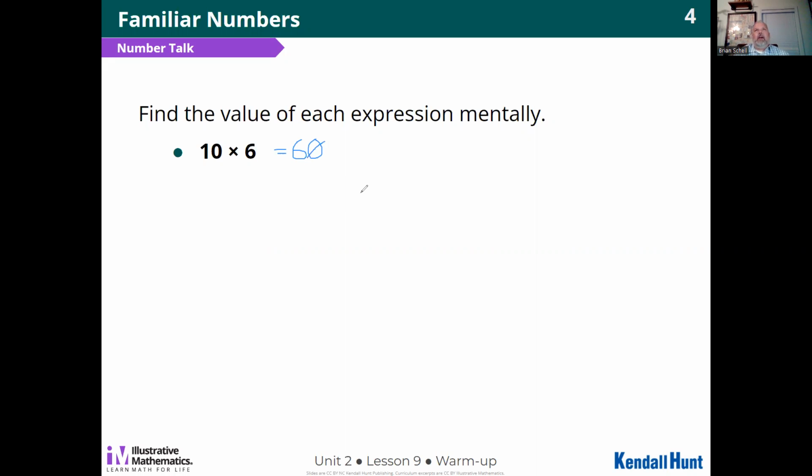How do we know this? Hopefully by now you've memorized this, but if you need to, you can always skip count by tens: 10, 20, 30, 40, 50, 60. Pretty easy, right? Let's take a look at our next expression.